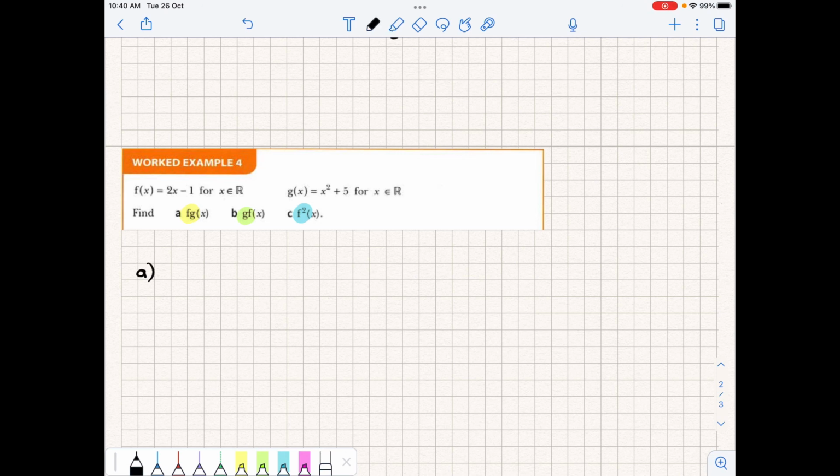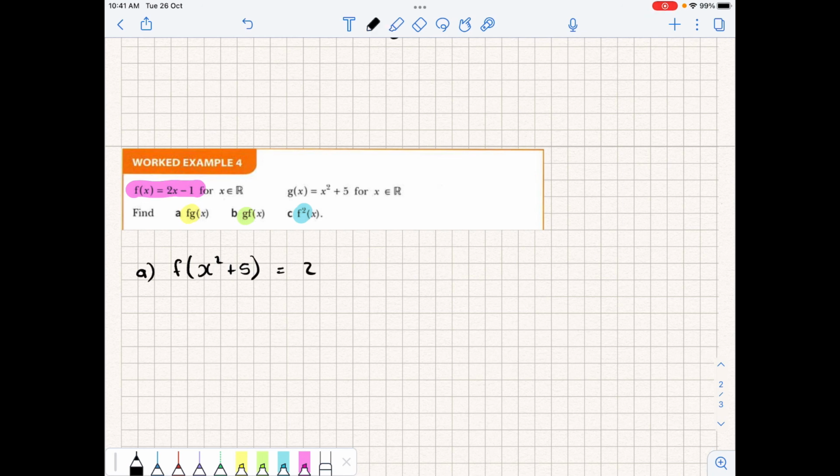So we're going to start with A, and in A we have G of X. So G of X is X squared plus 5. And what we're going to do is we're going to put G of X into F of X, right? So what we're going to say is we want F of G of X. G of X is X squared plus 5. So everywhere we have an X in the function F of X, we're going to replace that X with X squared plus 5.